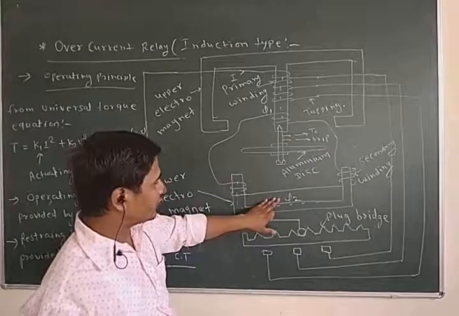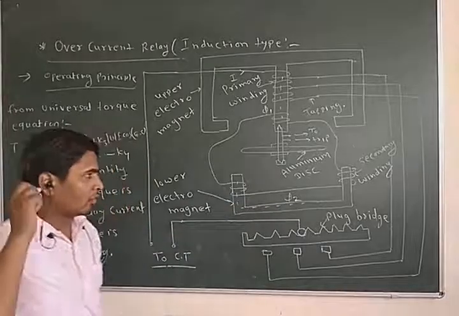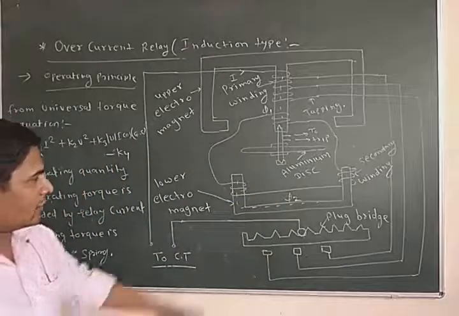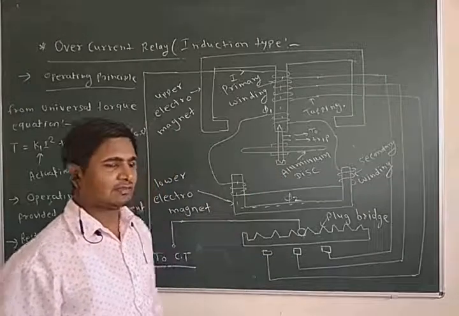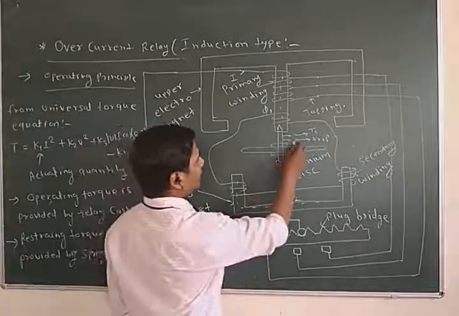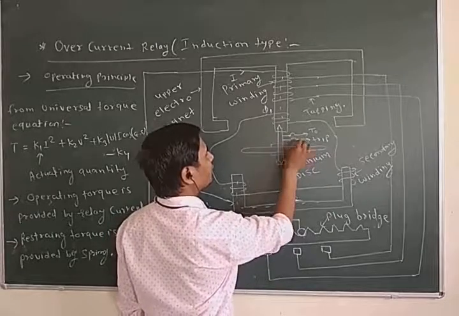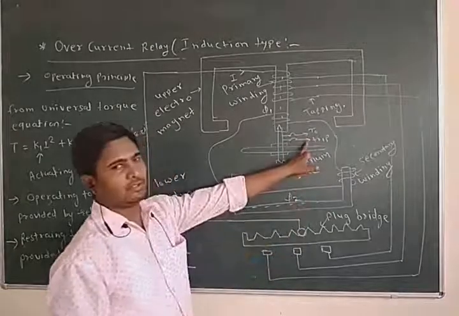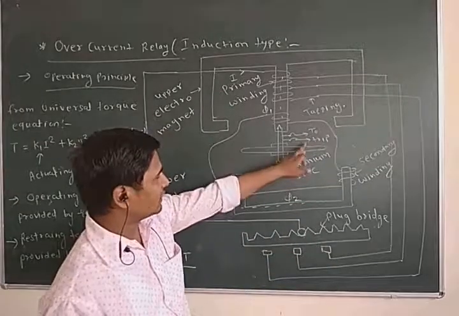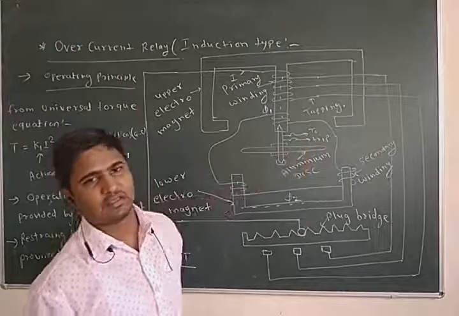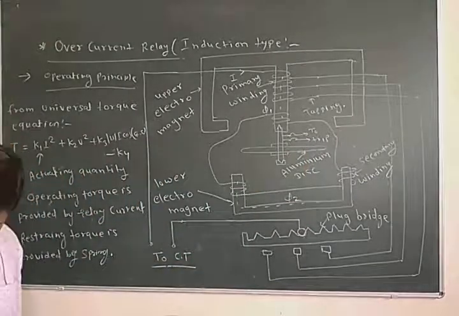Due to the interaction of flux and current, torque is developed on the aluminium disc, due to which the disc starts rotating and the contacts of the disc close the trip circuit. The trip circuit provides a signal to the circuit breaker and the circuit breaker interrupts the circuit. So this is the simple working of our current relay.